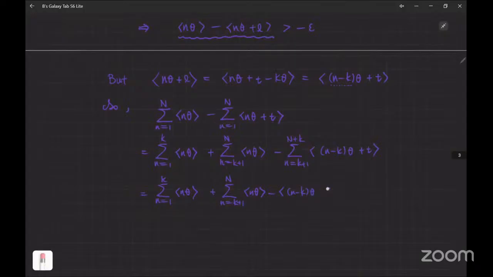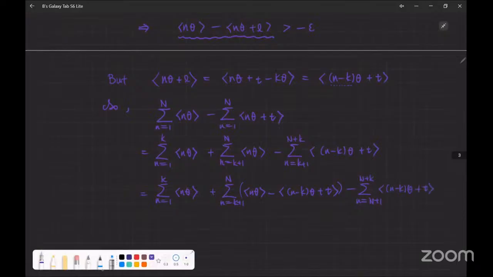So this just very nicely bounds this part. And then minus the sum from n plus 1 to n plus k of this remaining junk. And now let's do some boundy bounds.